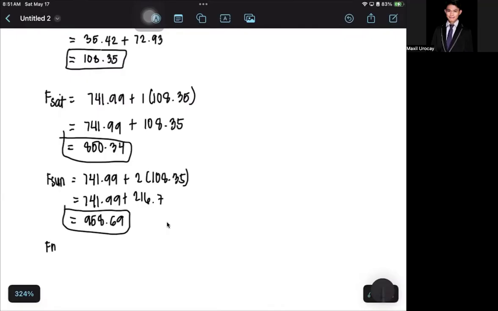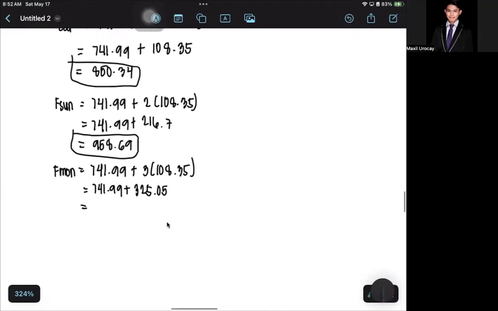And for Monday, that is the third day that you're forecasting. So it will become 3 for your h, and then 108.35, the same data, copy as is, and calculating 3 times 108.35, that is 325.05.